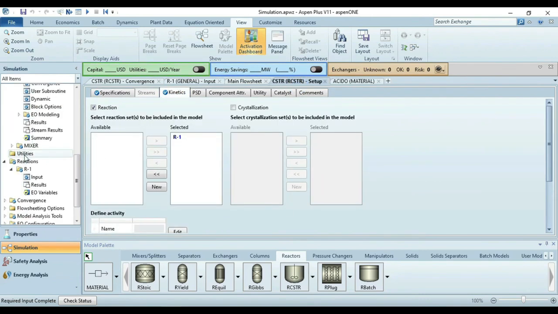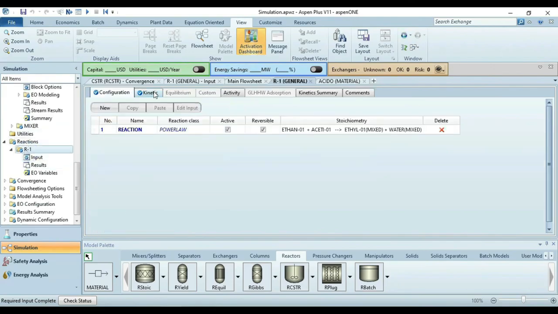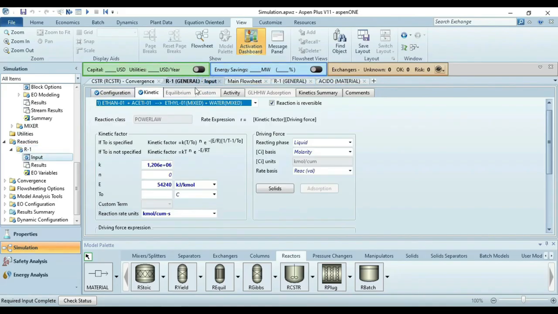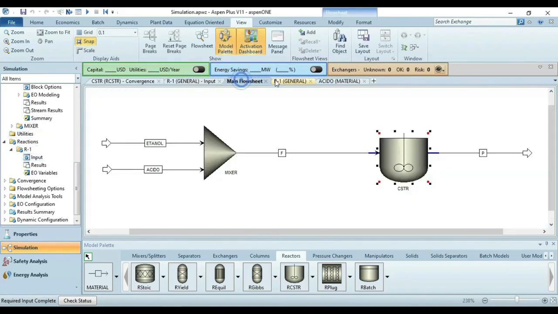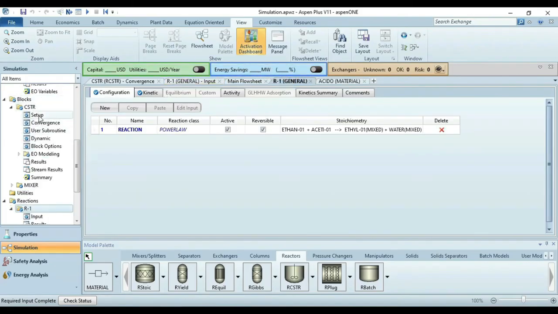And here we can select the reactions defined in this package, R1. So this is how we configure a reaction in the CSTR model in Aspen Plus.